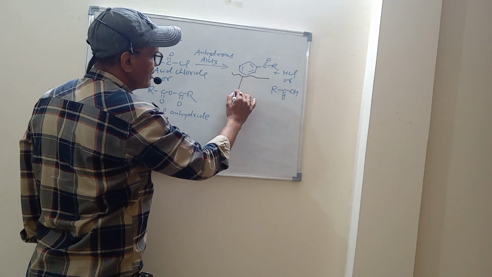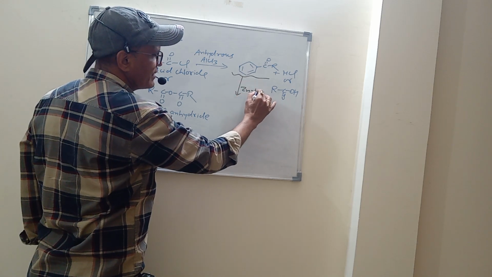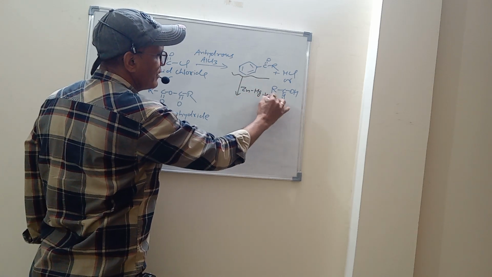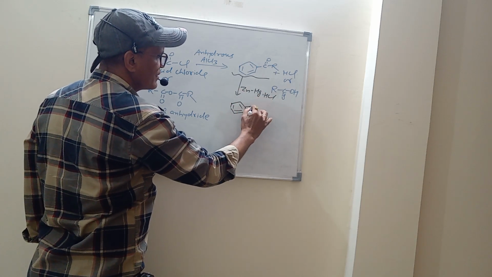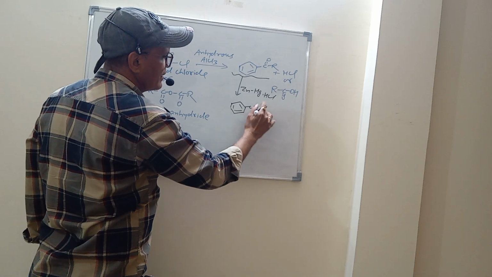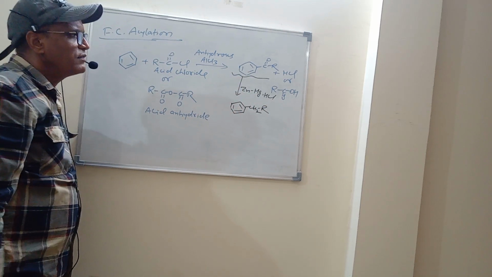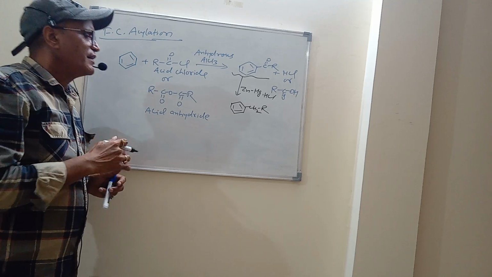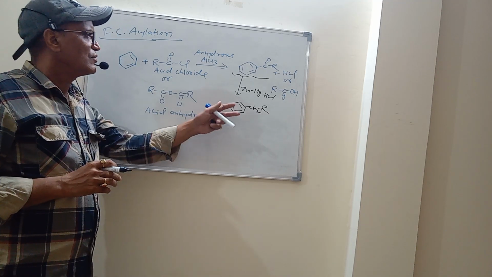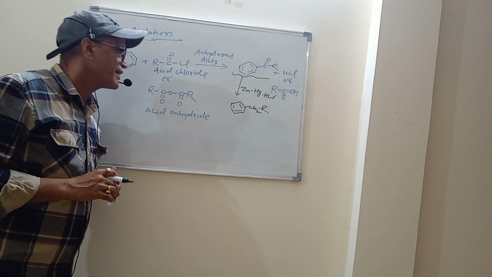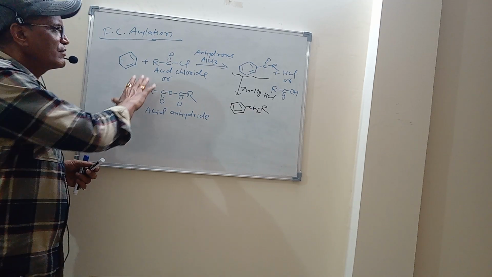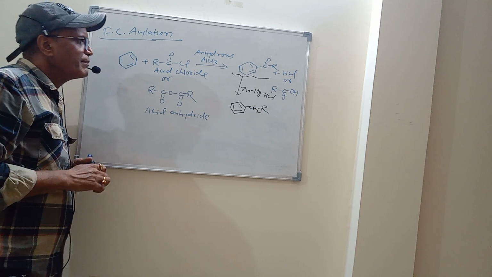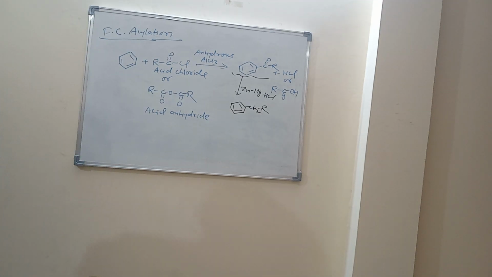For example, if it is treated with ZnHg and HCl, it will give us CH2R, and there is no chance of rearrangement in this case. So in the next step we can get alkyl benzene. Now I am going to consider the mechanism for this step. The product I have written.